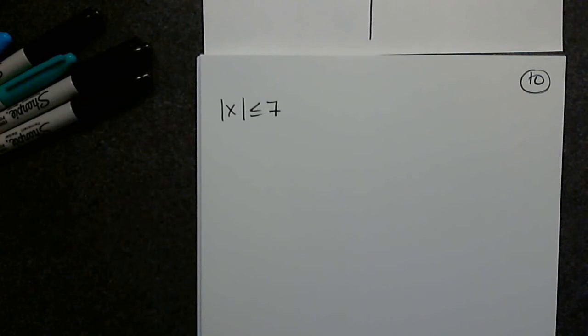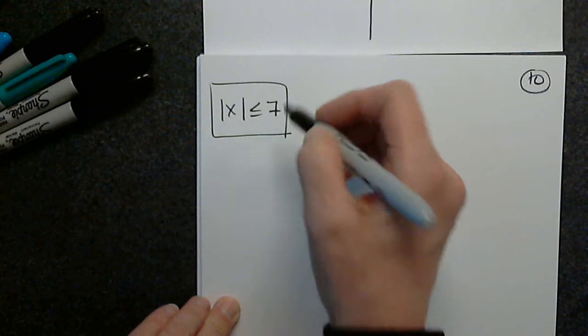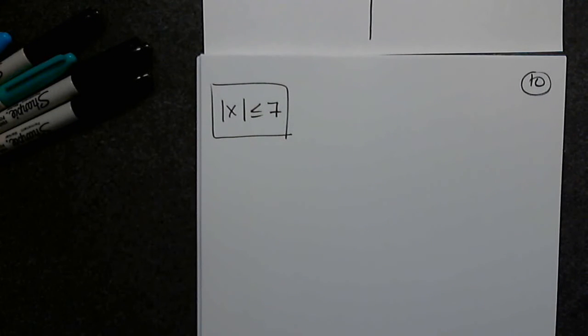So 7 units away from 0 or less than 7 units away from 0. Remember, you cannot solve this if we cannot change it into something simple that we can solve. So here we only have to think. I'm looking for numbers whose distance from 0 is 7 units or less.